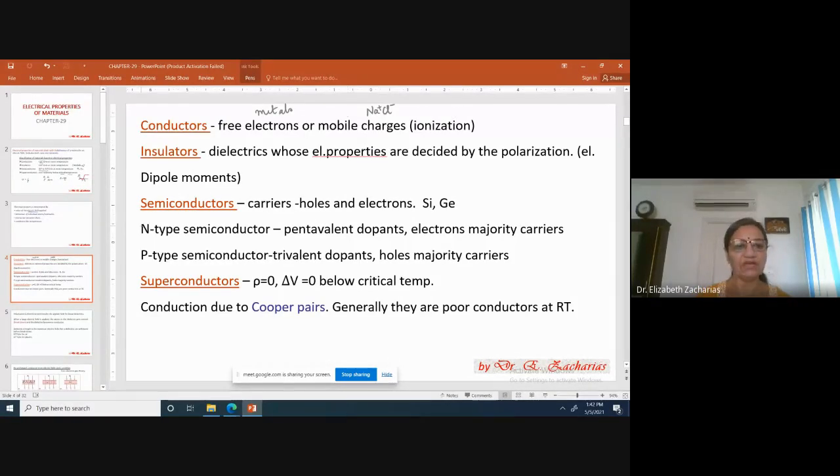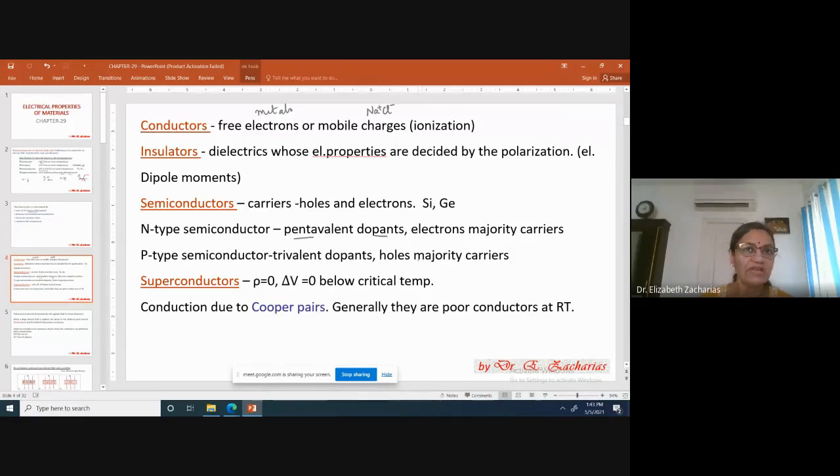Now coming to semiconductors, as I already mentioned, there are two types, N-type and P-type semiconductors. N-type semiconductors will have pentavalent dopants, 5 electrons, and electrons will be the majority carriers. Whereas P-type materials will have trivalent dopants, and holes will be the majority carriers.